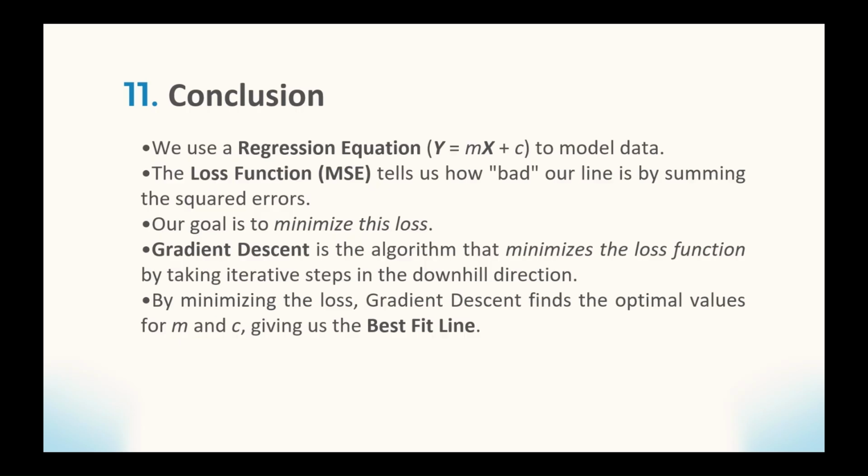Our goal is to minimize this loss by using gradient descent. Gradient descent is the optimization algorithm that does this. It walks down the cost function by taking iterative steps in the downhill direction. By minimizing this loss, gradient descent finds the optimal values for m and c, which gives us a final best fit line.